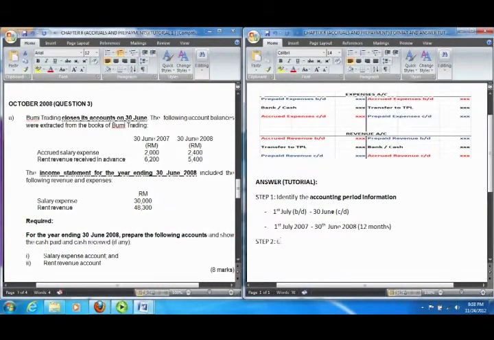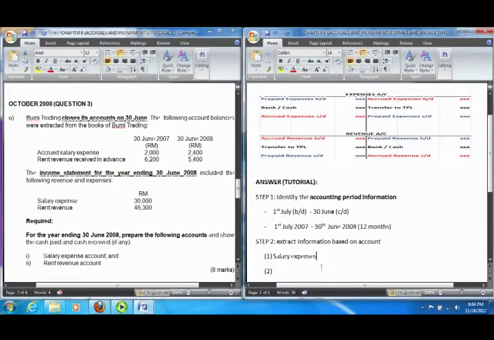So first you extract the information from the question based on the account. First we start with salary expenses. Class, it is very important for you. You need to remember this format.